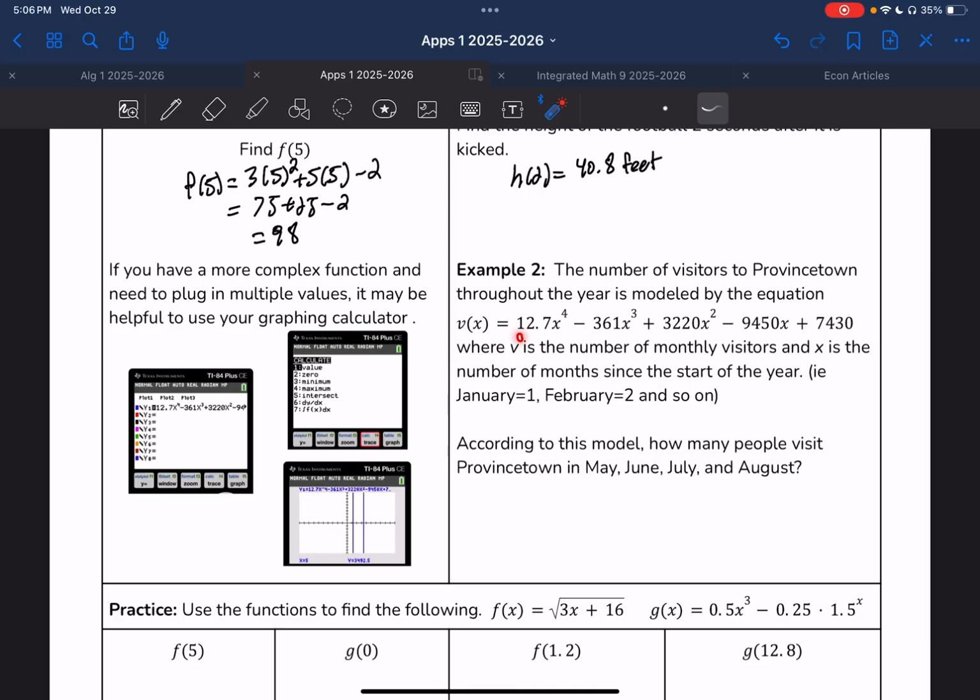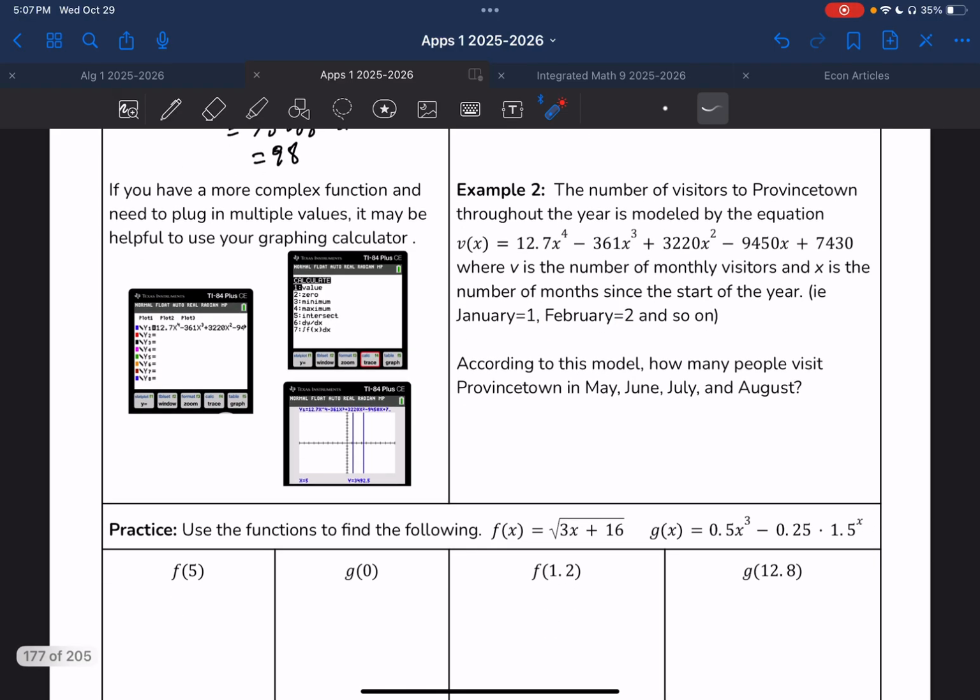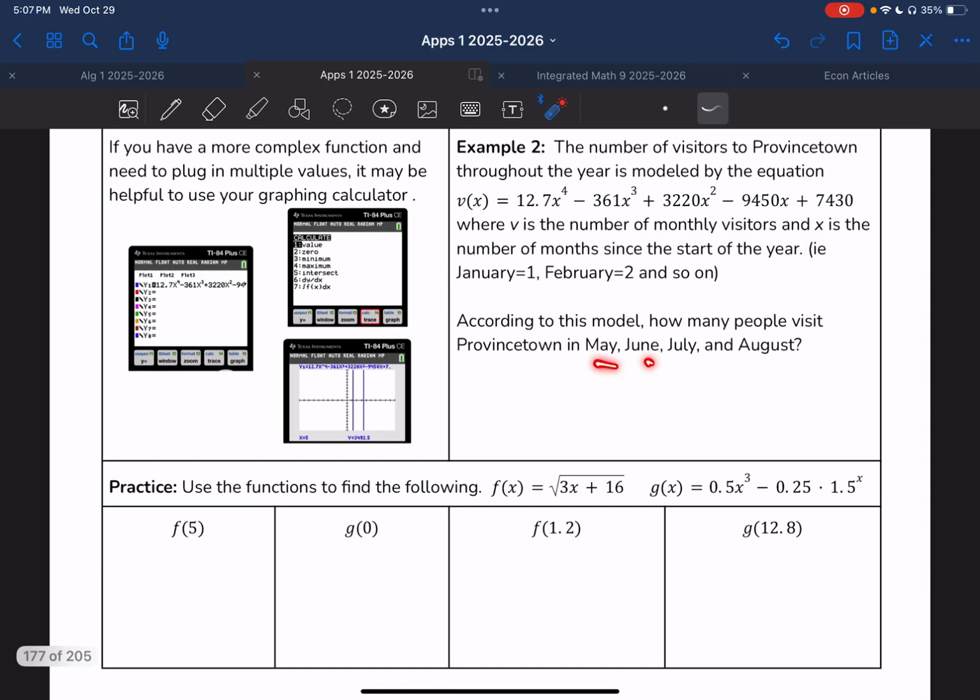Not a quadratic, it's a quartic polynomial, actually. Here v is the monthly visitors and x is the month of the year, with January being 1, 2, 3, 4, and so on. We want to figure out how many visitors there'll be to Provincetown in May, June, July, and August. That would entail finding v of 5, v of 6, v of 7, and v of 8.